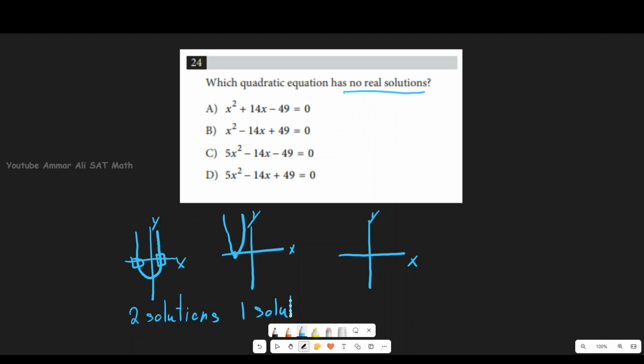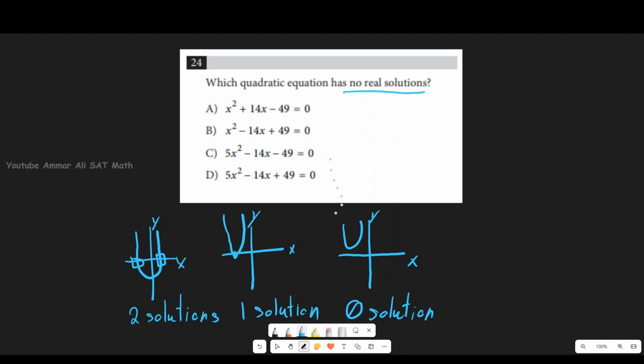And then the last case is when the parabola doesn't touch the x-axis at all. There is no touching, there's no point of intersection. That is when the parabola has zero solutions. So what do we do with all of this information?